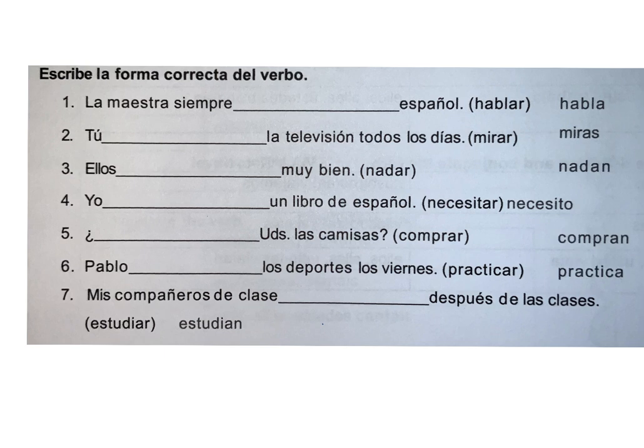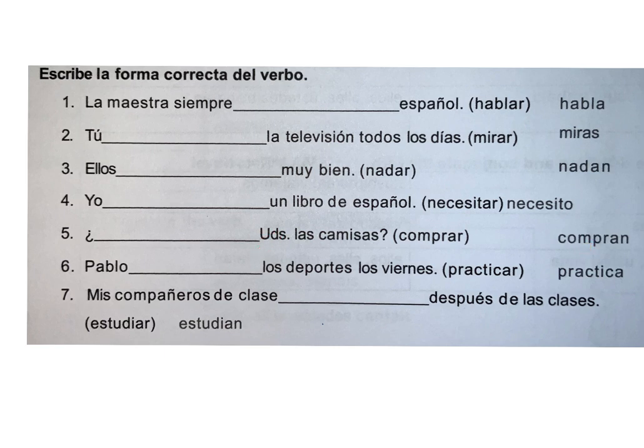All right. This is a question. Have y'all talked about questions a little bit? All right. So you'll notice that in the questions we have an upside down and a right side up question mark at the beginning of the sentence. Typically in a question, your verb is going to come secondary. So you see this blank and then ustedes. So ustedes is who is doing the action here. So you should have used compran. Ustedes compran.